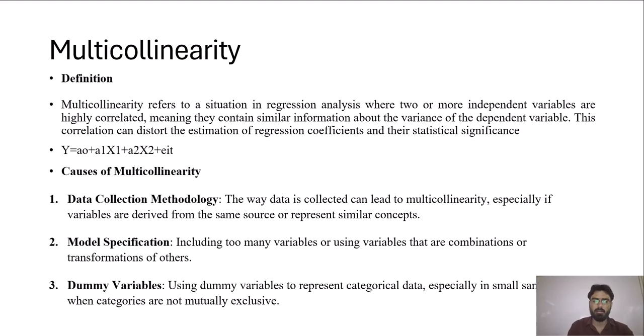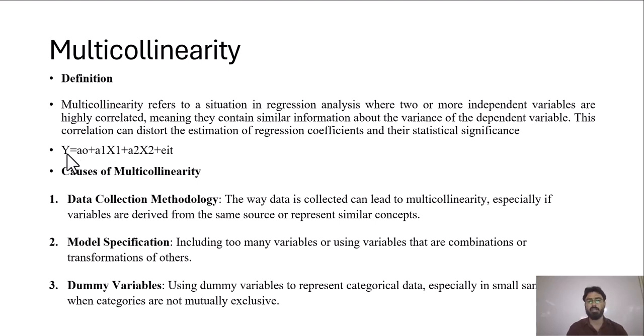Generally, we say that x1 affects y, meaning that the independent variable affects the dependent variable, and similarly x2 may affect y. Again, x2 is an independent variable and y is the dependent variable. So this is the ideal situation, when independent variables are affecting the dependent variable.